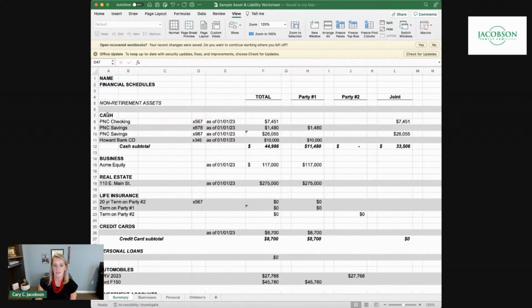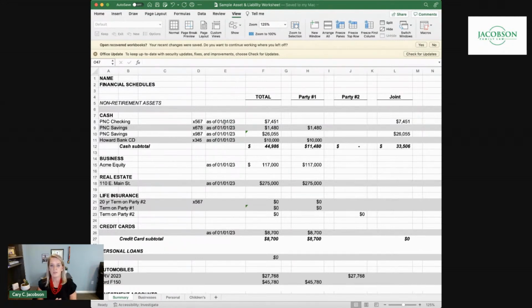And the first is cash or anything related to what might be in a bank account. This column here is the total in those accounts. And as you see, we have listed simply the date that these values came from, because it's helpful when all of the accounts are valued as of the same date, instead of looking at account values for one person from 6 months ago and then account values from the other person from a current picture.